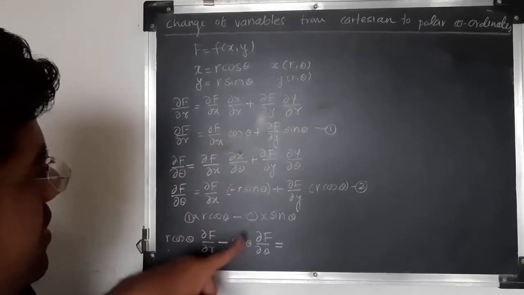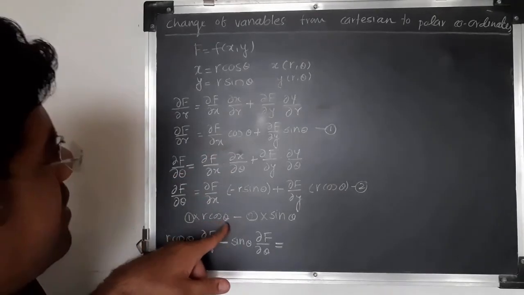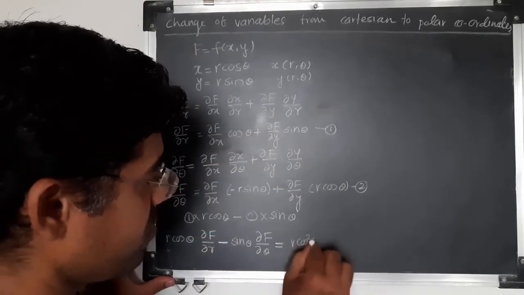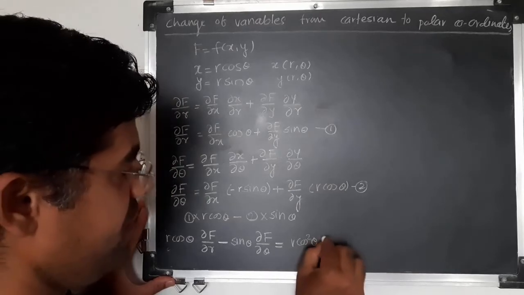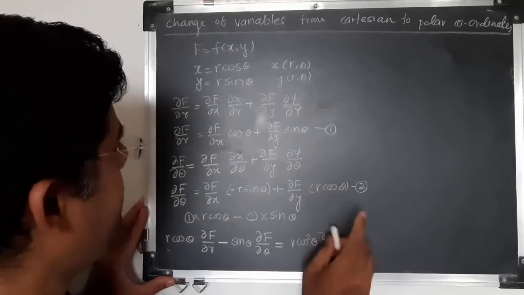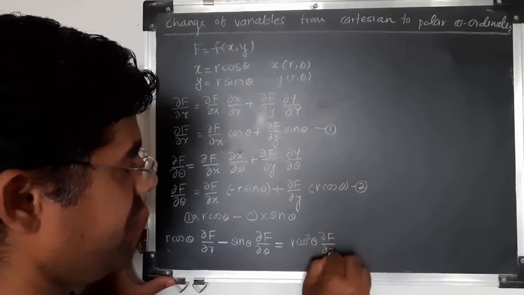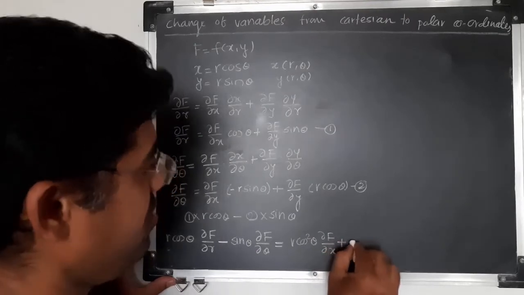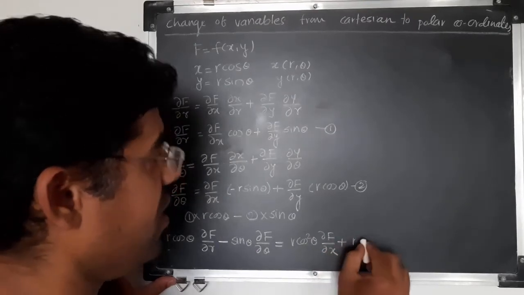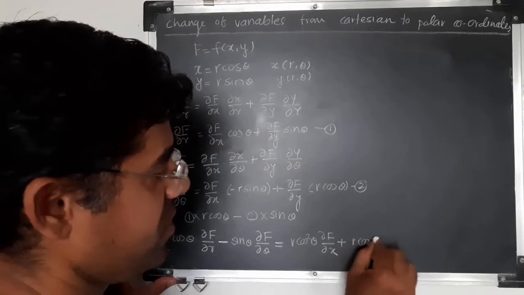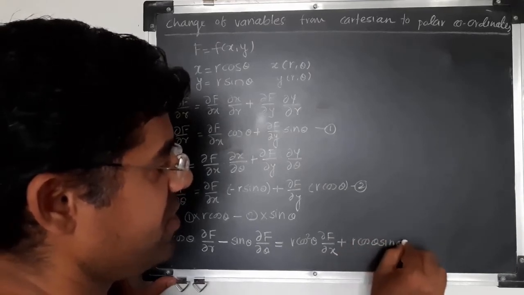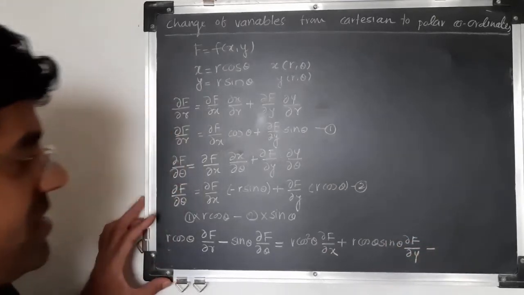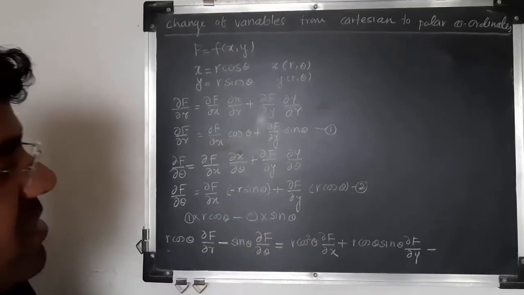This equation is multiplied with r cos theta, here cos theta is already there, so I can write r cos square theta ∂f/∂x, plus r cos theta sin theta ∂f/∂y, minus sin theta into this one.